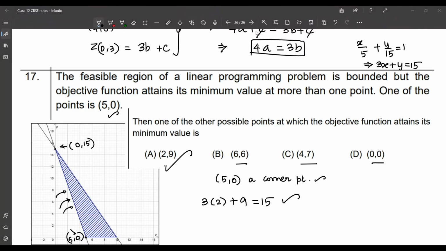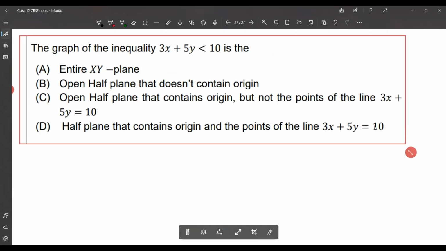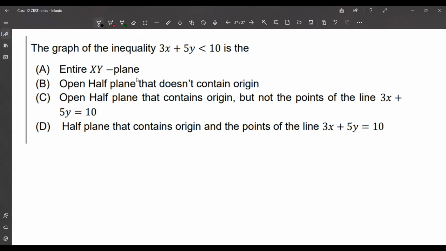There is an alternate question for visually challenged people. So this question goes like this. The graph of the inequality 3x plus 5y is less than 10. It's not the entire xy plane for sure. Open half plane that does not contain the origin.